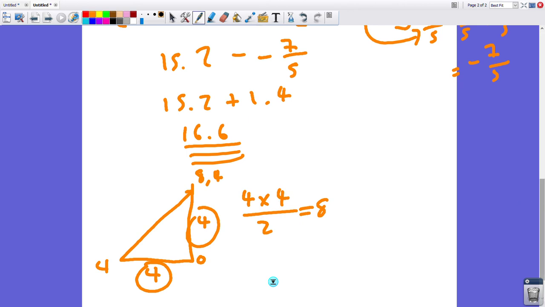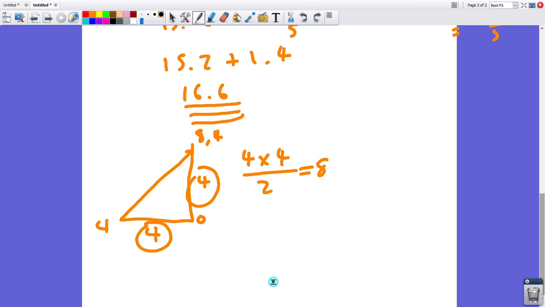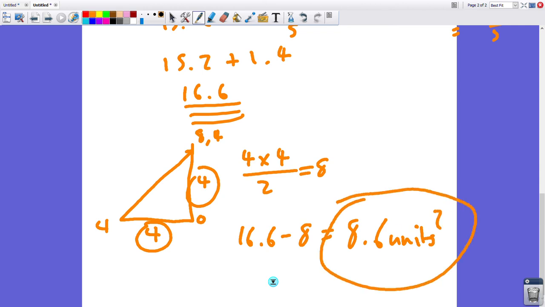And therefore, if the total area is 16.6 and the area of the triangle is 8, then this orange region here is just going to be 16.6 minus 8, which is equal to 8.6 units squared. And that is the final answer.